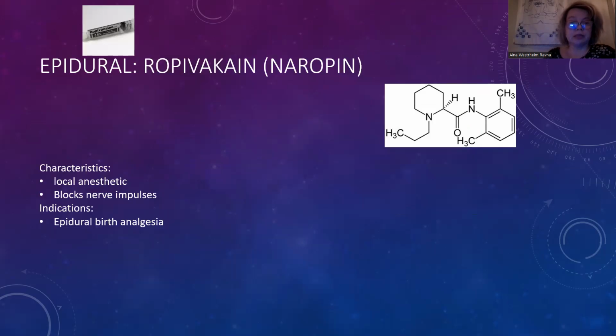So I'll just give some examples of substances that may be used in epidural administration. So for instance, ropivacaine.